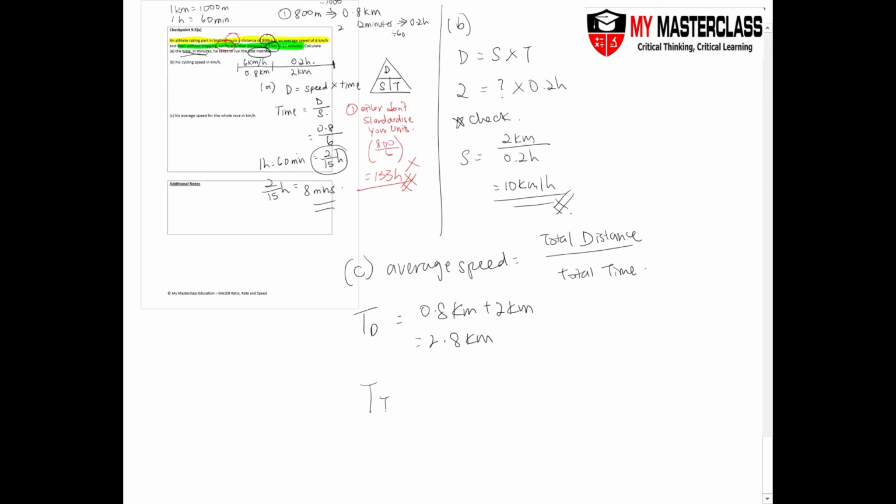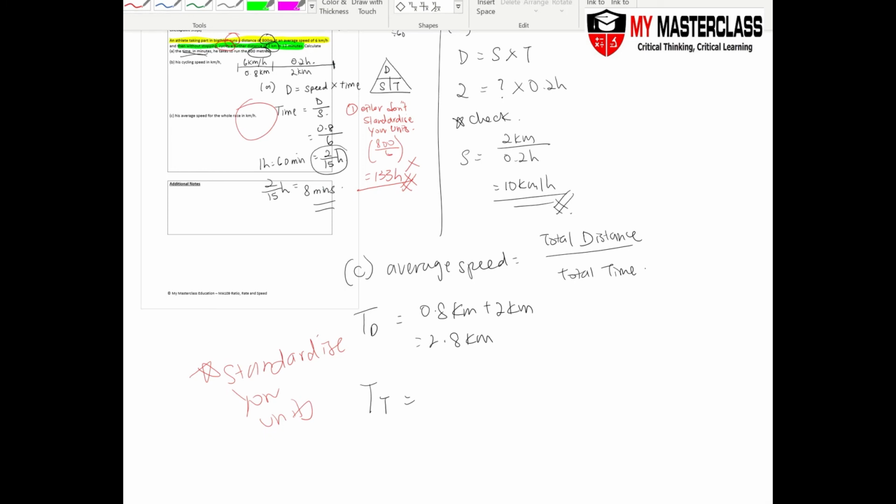So total time, remember, standardize. Let me write it down here. Standardize your units. This is very crucial in questions like that. Now what are they looking out for? They're looking out for kilometers per hour. So give them what they want. You have 2 over 15 hours for the first one, which you can see over here.